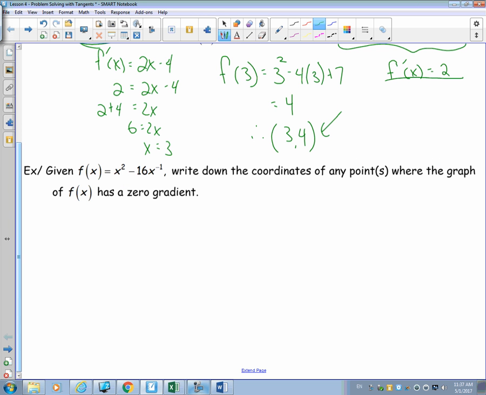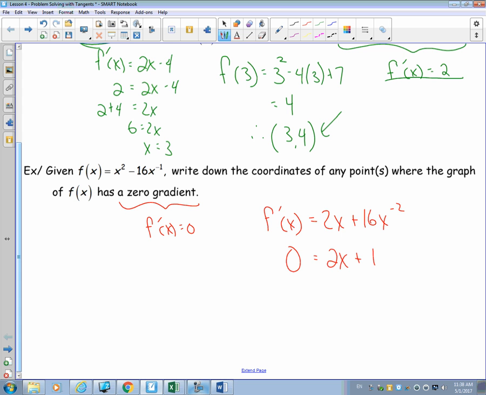So given a function, write down the coordinates of any point where the graph has a 0 gradient. 0 gradients mean derivative equals 0. So we take our derivative, and we're going to get 2x plus 16x to the negative 2. I want to know where it comes out to 0, so put 0 in.